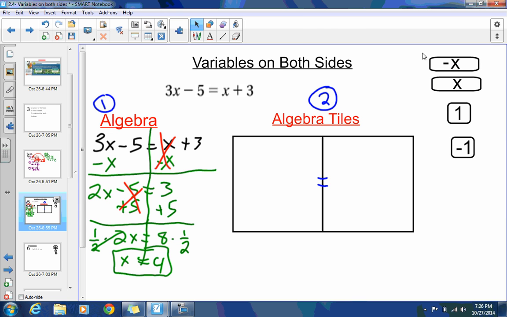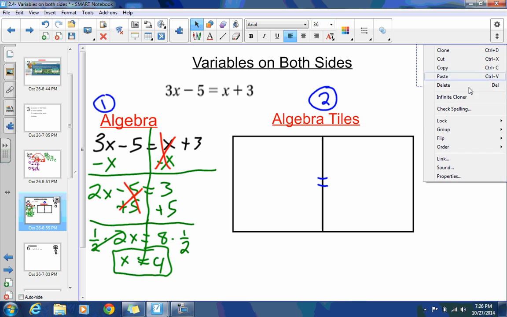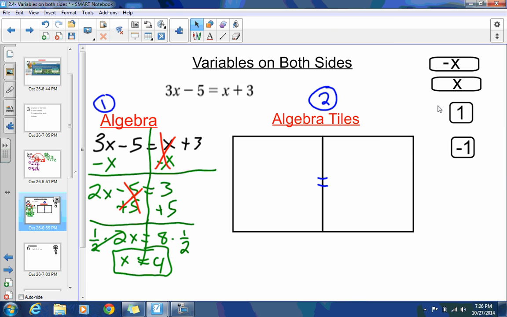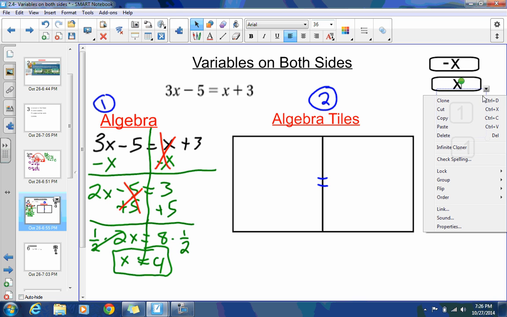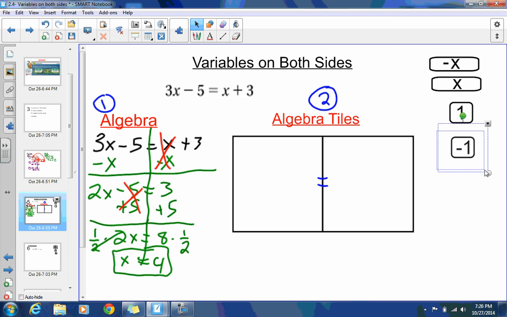I will make all of these infinite cloners so that we can keep using it. All right, so we have 3x's over here. So this is our x squares. We don't know what x is equal to.